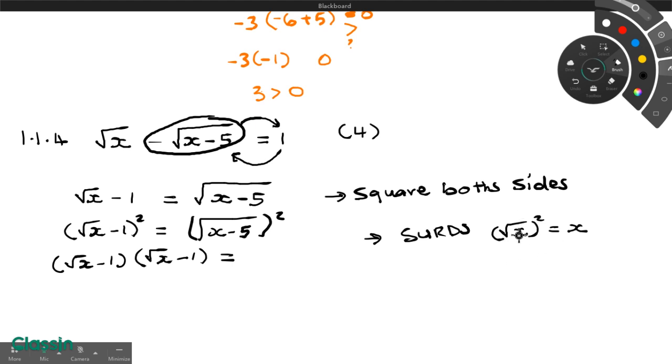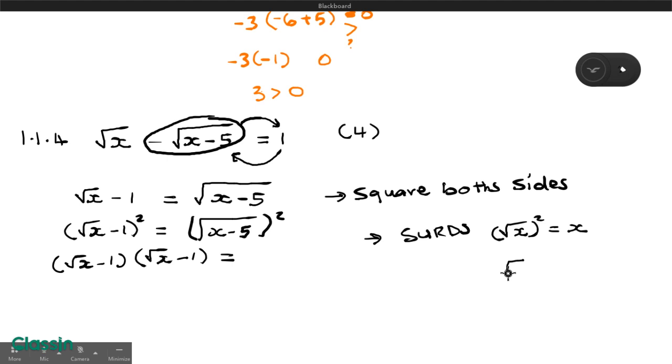It means that if I've got root of a, all squared, my answer is only the number under the square root, which is a. So in this case, we are squaring the root of x minus 5, so my answer will only be the number under the square root, which is x minus 5. Don't hustle. As long as these two numbers are under the same square root, when you square that whole square root, you only write the numbers that are under the square root, because this square will cancel that root.